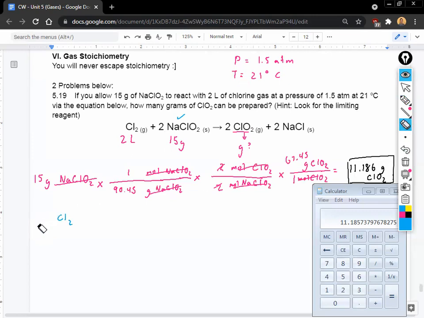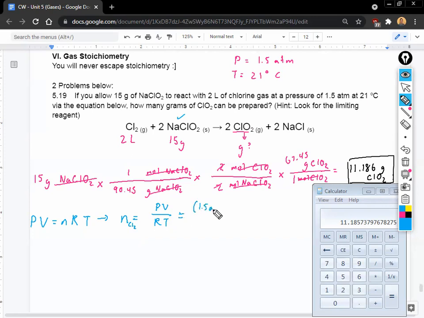So we can use our new gas law skills, PV equals nRT, and find the moles of chlorine gas. If I rearrange this equation, n is PV divided by RT. And if I can find the moles of chlorine gas, it's very easy to do some stoichiometry to turn that into grams. So let's just plug in the values that we have.